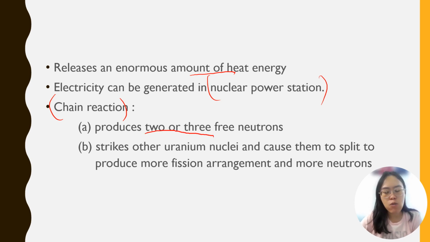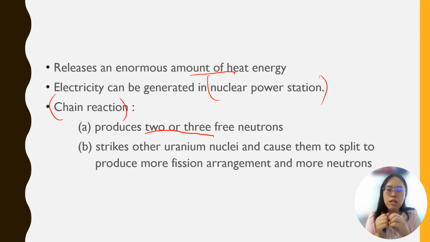For a nuclear fission to occur, a heavier nucleus needs to be bombarded by a neutron so that it splits into 2 lighter nuclei, at the same time releasing nuclear energy.